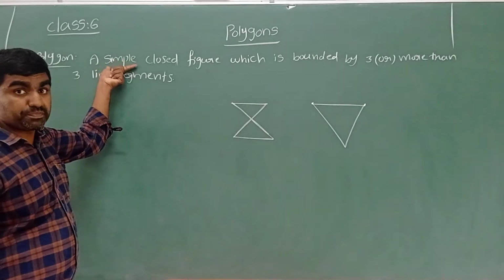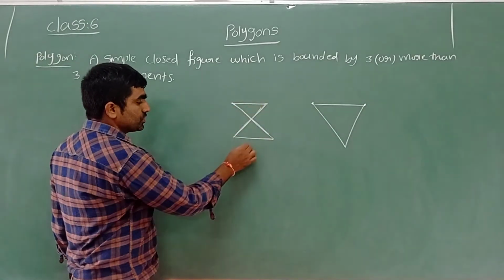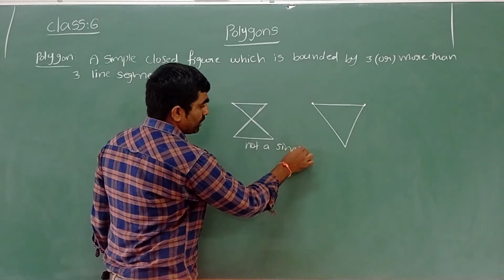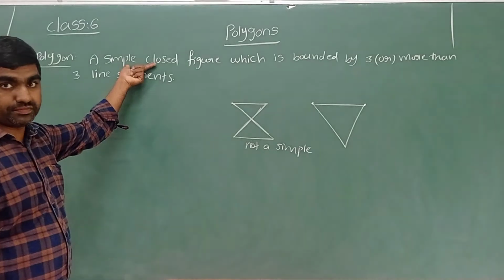Let me repeat once. Simple is nothing but lines should not cross themselves, but here the lines are crossing themselves, so it is not a simple closed figure. That is the meaning of simple.